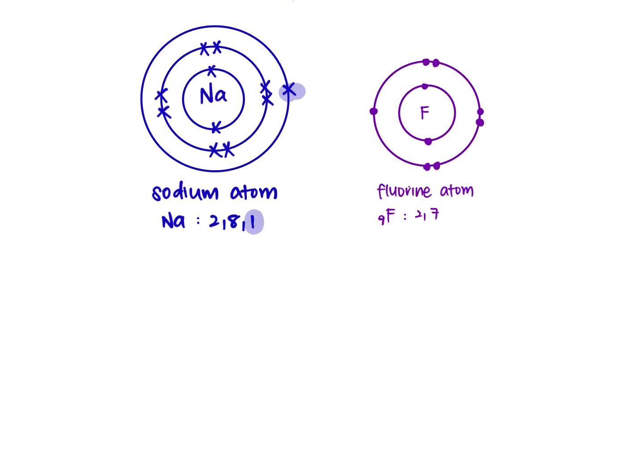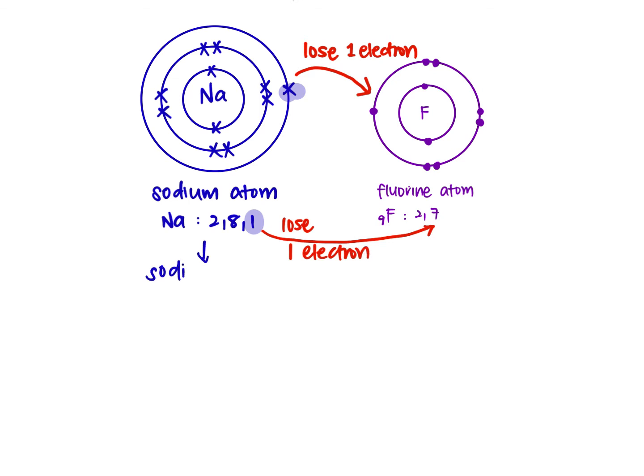So this extra electron in sodium makes it super reactive, and it will transfer to fluorine by losing 1 electron. So sodium transfers 1 electron to fluorine atom.